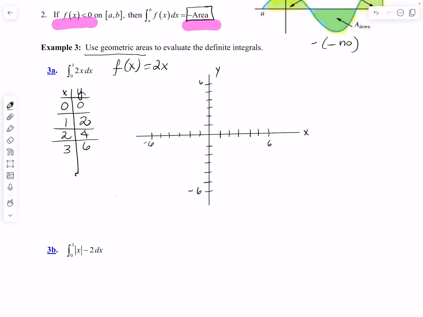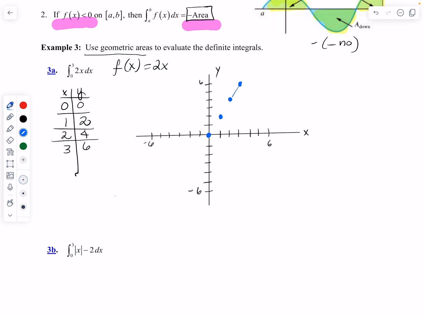Okay, and now I'm plotting points. So 0, 0 is right here. 1, 2 is here. 2, 4 is going to be here. And finally 3, 6 is going to be here.